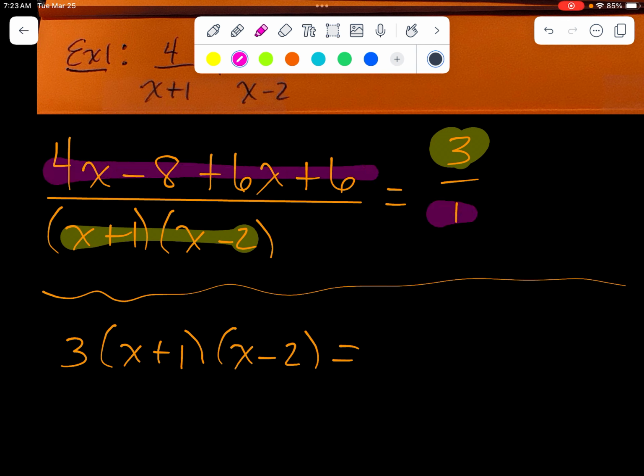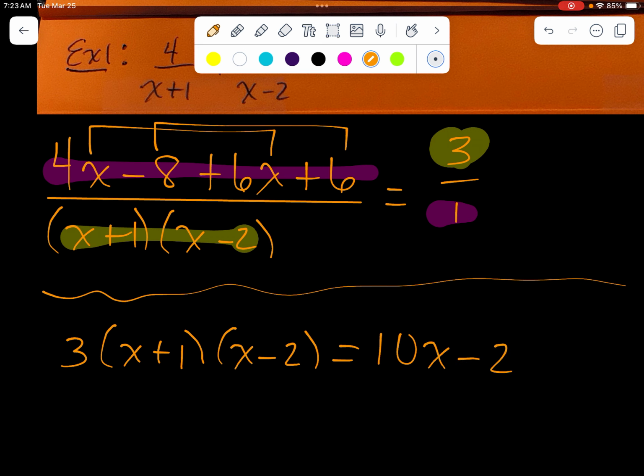That means nothing's going to change. So we can just combine like terms here. We can do 4x plus 6x is 10x, and then we can put the numbers together. Negative 8 plus 6 is negative 2. So it's basically like a very complex proportion. We have a fraction equal to another fraction.